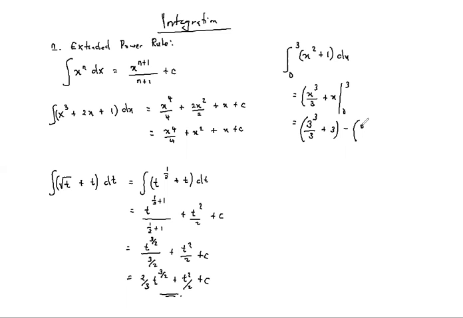Where there is x, you take 0. So you will get 27 over 3 plus 3 minus 0, which is 9 plus 3, which is 12, like that. So you do that. We call this the extended power rule.